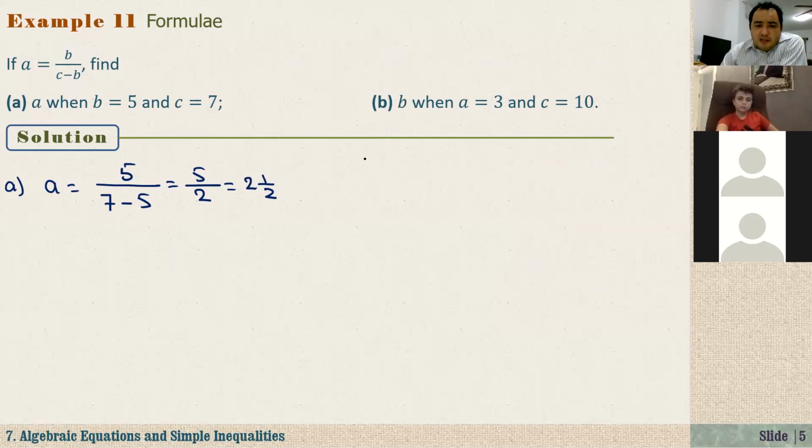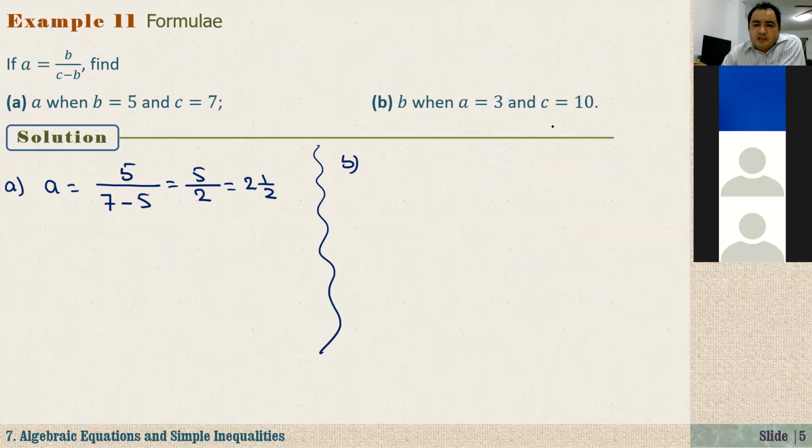And in part B, find the value of B when A equals 3 and C is equal to 10. First, let's substitute, and it becomes an equation that we have to solve for B. We know the value of A, it's equal to 3. Equals, on the right-hand side, here we have B. I don't know its value yet.